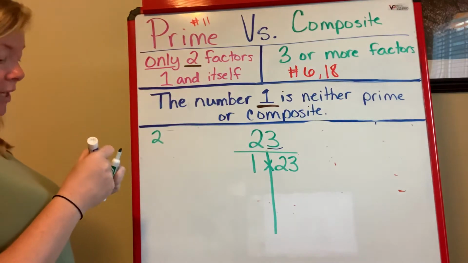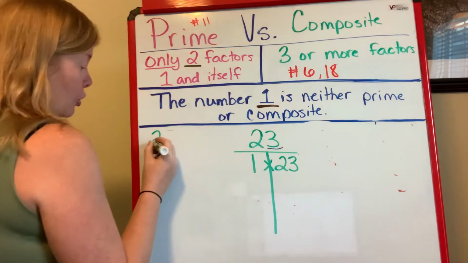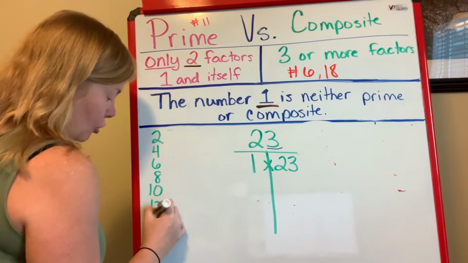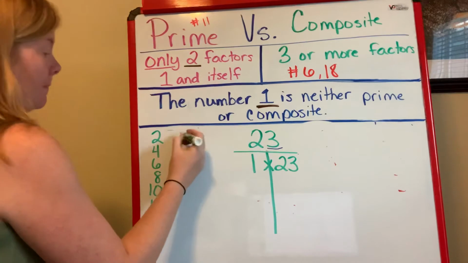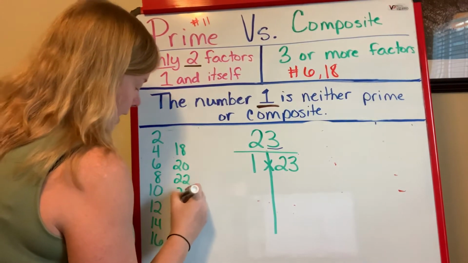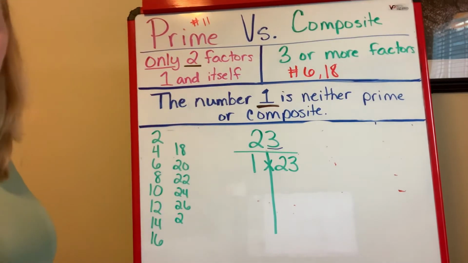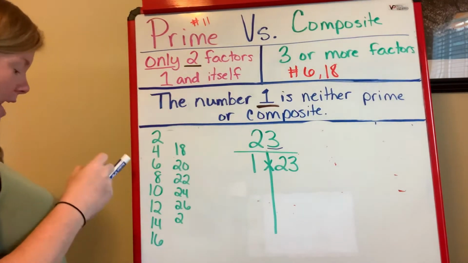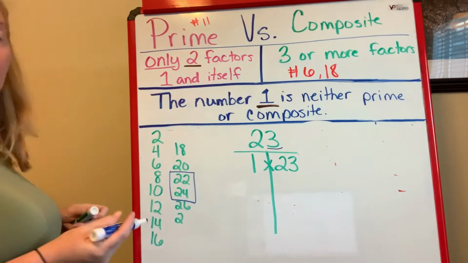So because 23 is an odd number, it won't work, but I'm going to test it anyway. 2, 4, 6, 8, 10, 12, 14, 16, 18, 20, 22, 24, 26. Oh, I was getting really excited. Did I say 23? No, I jumped over it. I went from 22 to 24.